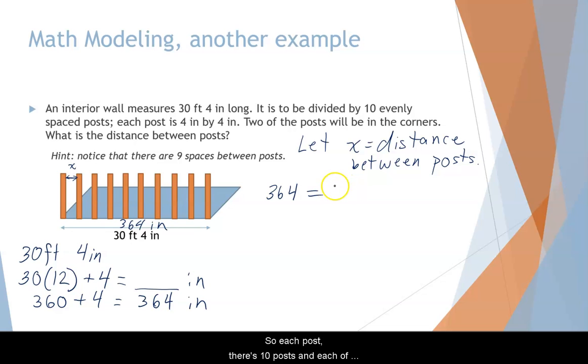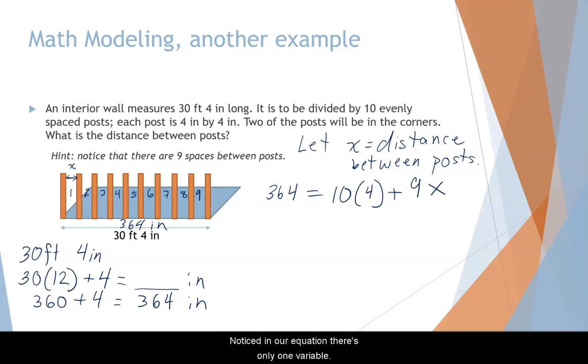So each post, there's 10 posts, and each of them is 4 inches wide. So 10 times 4. And then for each of the spaces, the hint tells us there's 9 spaces, but we can convince ourselves if we just count it up. 1, 2, 3. All right, 9 spaces. So each space is x inches, so 9 times x.